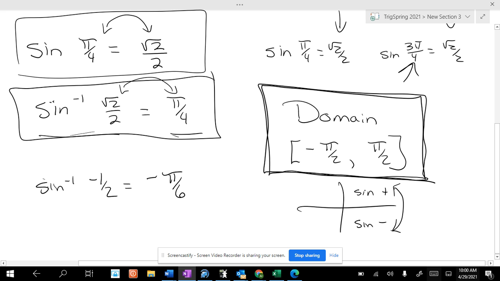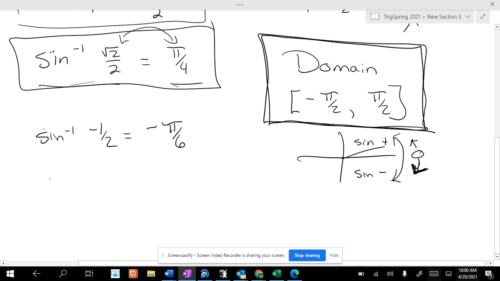Okay? So you use your unit circle, but you only use it to the point of understanding where you're at. From 0, when you go this direction, you go the negative amount of what you would go in this direction. So if pi over 6 is 30 degrees, then negative pi over 6 is negative 30 degrees.